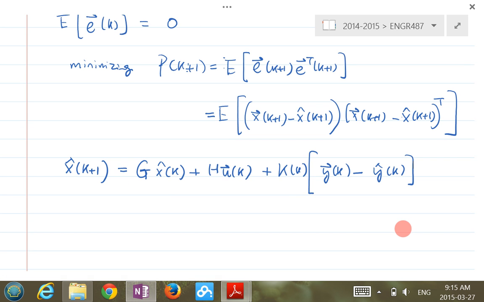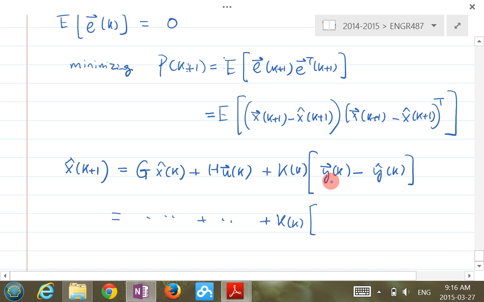If you think about that observer design, that's basically the same format. So the first two terms, we'll leave as this, and inside this bracket, y of k is C x of k plus the noise v of k.